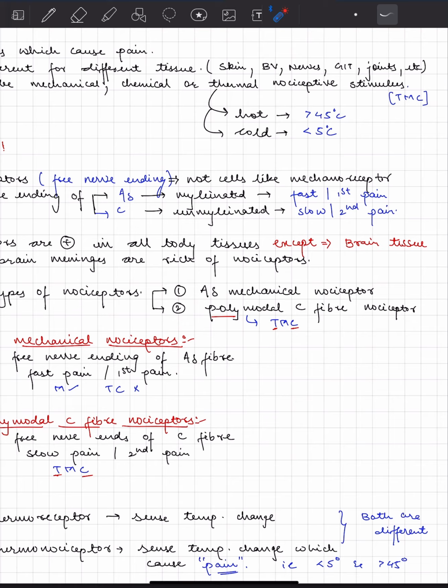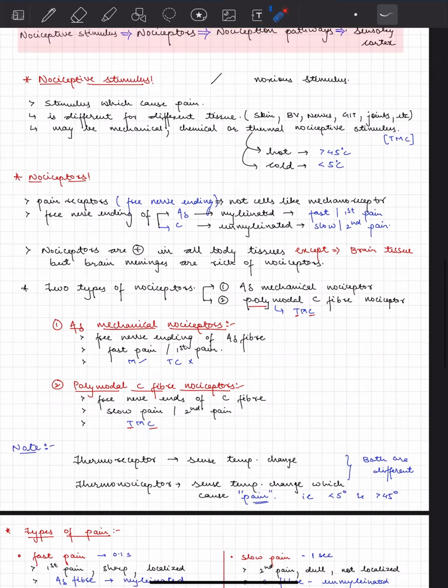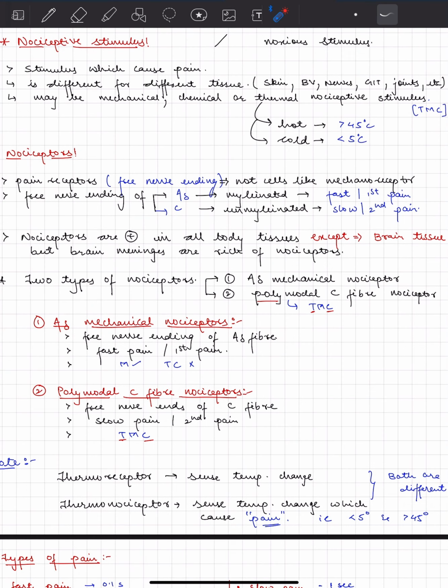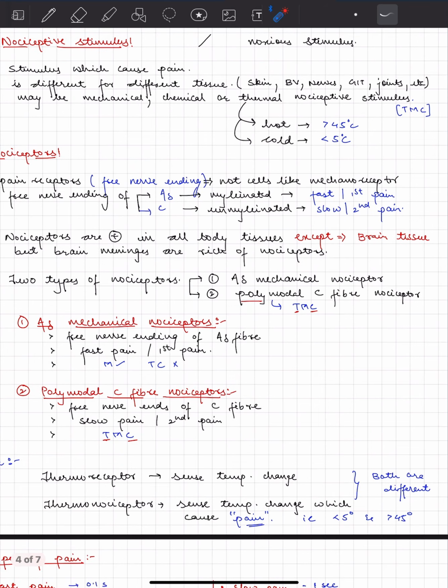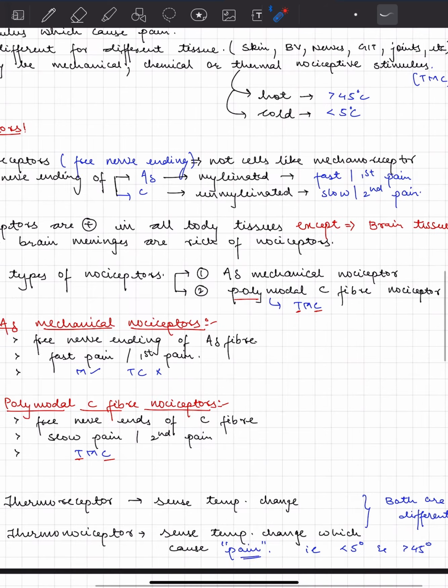Myelinated is fast pain or first pain. C fiber, unmyelinated, is slow or second pain. Nociceptors are present in all body tissue except brain tissue, you have to remember. The brain tissue interprets the different stimuli and different factors, but it does not have nociceptors, though the brain meninges are rich in nociceptors.